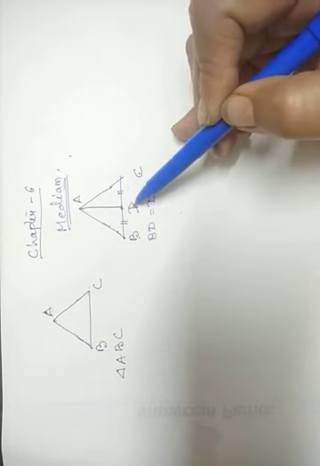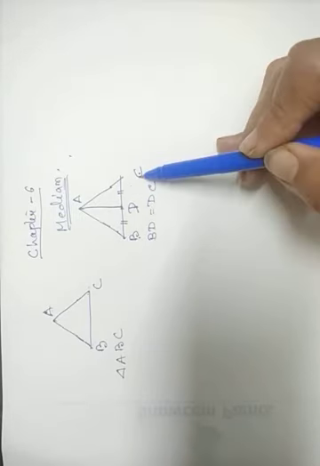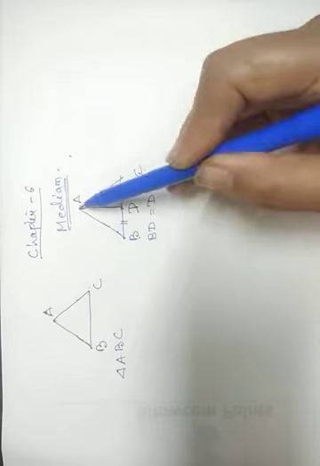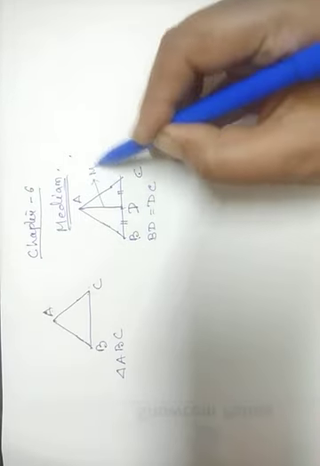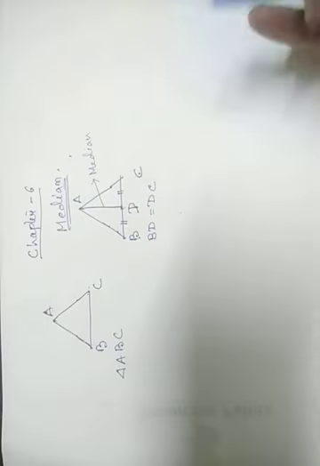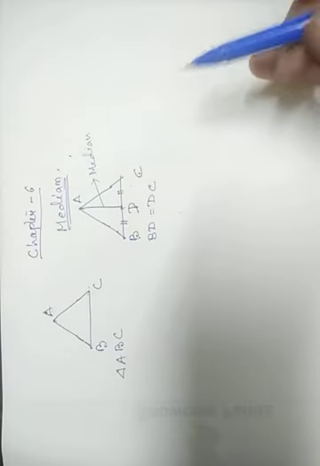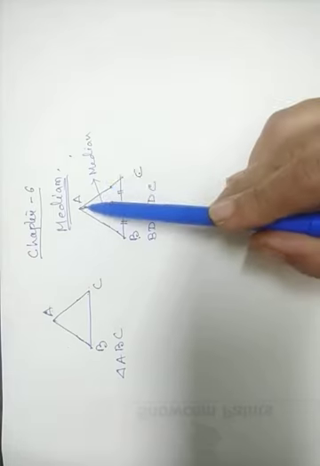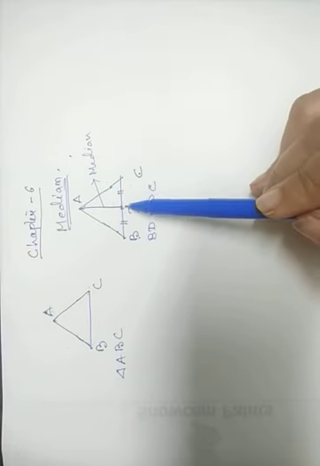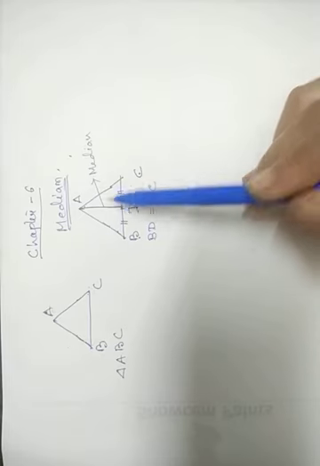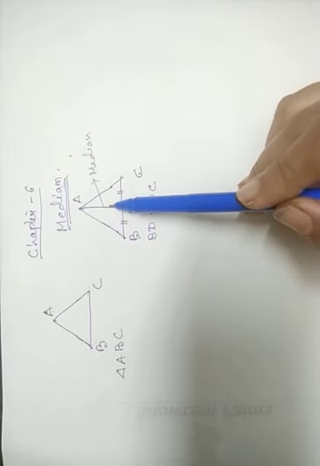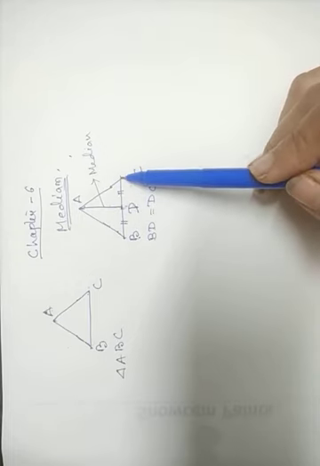Now when D divides BC in two equal parts, then this AD is called the median of the triangle. So what is a median? If you draw a line segment from a vertex to the midpoint of the opposite side, then that line segment is called the median of the triangle.